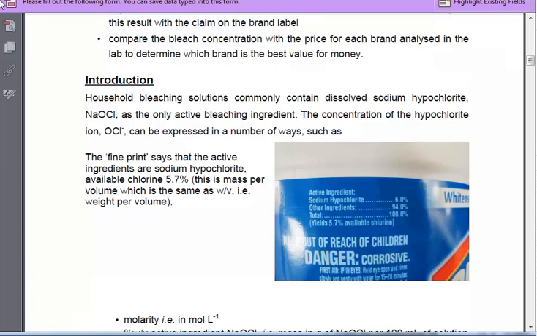And that produces a more human figure that people can grasp, rather than the very small numbers that very often we're dealing with when we're using moles per litre, which of course is the correct unit. But people can't get the hang of what a mole per litre is. So the manufacturers use weight percent.